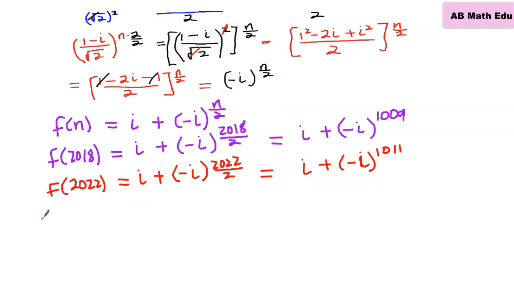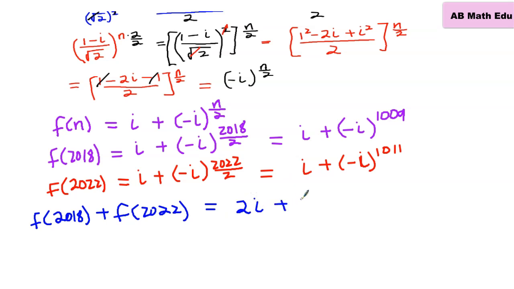Now we are bringing it together. f of 2018 plus f of 2022 must be equal to, adding these, 2i plus (-i) to the power 1009 plus (-i) to the power 1011.